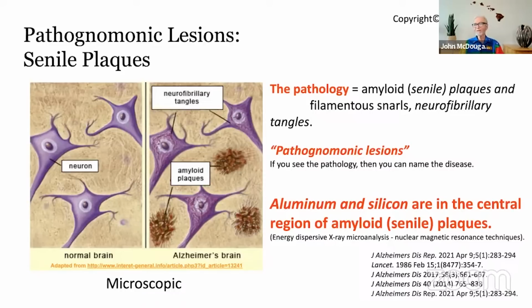Okay. So let's follow this backwards. You find that these plaques contain aluminum silicate, and you wouldn't have a plaque without the aluminum silicate. And if you don't have a plaque, you don't have the disease. I mean, how much stronger a correlation could you get with aluminum than finding this culprit right there under your microscope? You've got it right there.